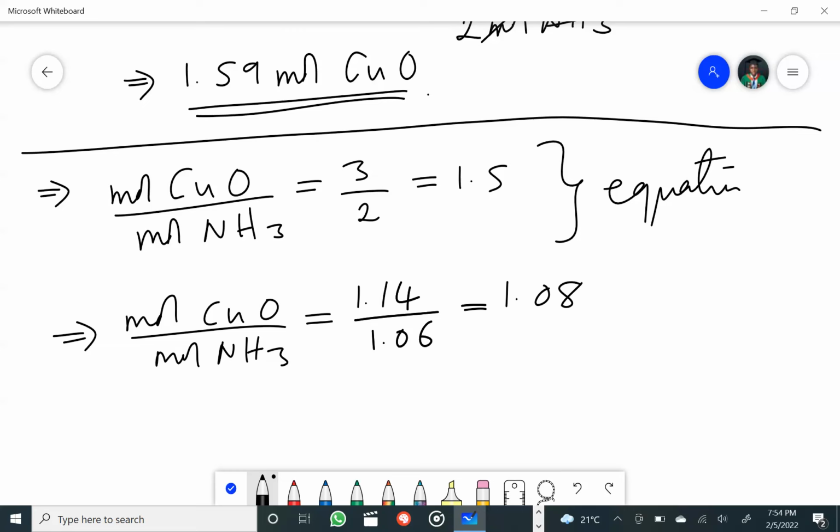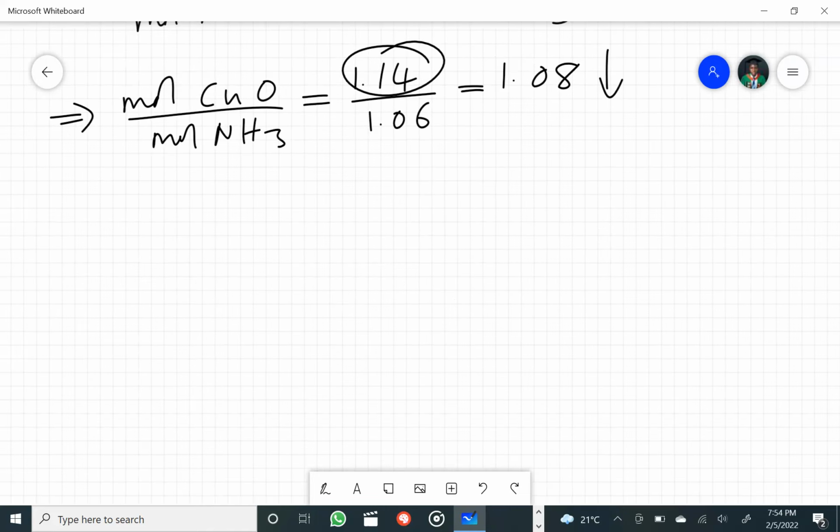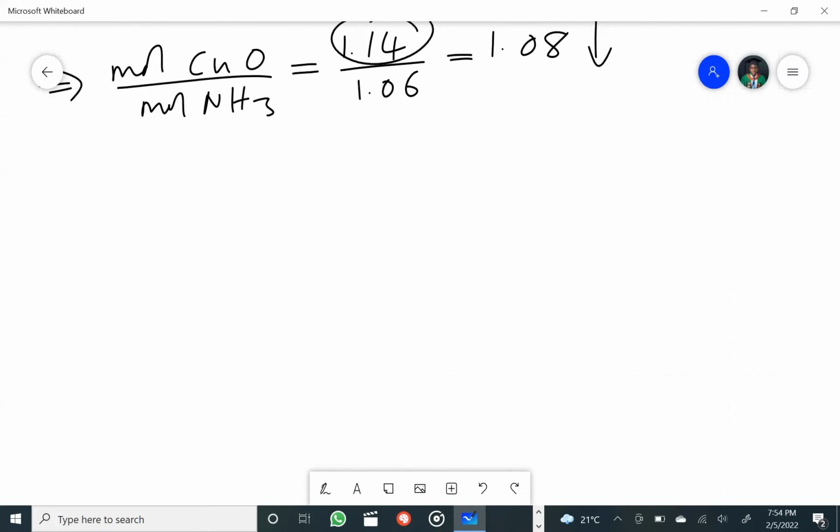What does this mean? It means this is less than the amount on top, so the copper is less than it should be according to the ratio. Like I said, the first method that we did is the best one. I'm just showing you these things so that you have a good wide scope.